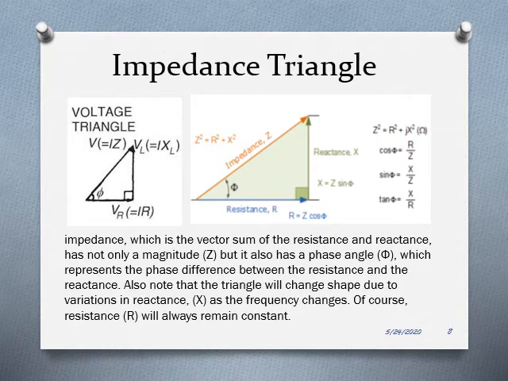Now the shape of the triangle, as said, will vary depending upon the reactance. If it is XL, it will be like the figure that is shown. If it is XC, the capacitive reactance, then the impedance triangle will be inverted. Whereas the resistance will always remain constant.